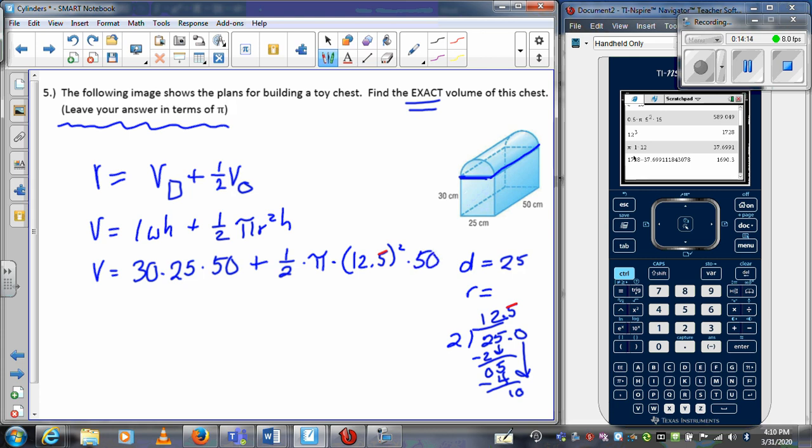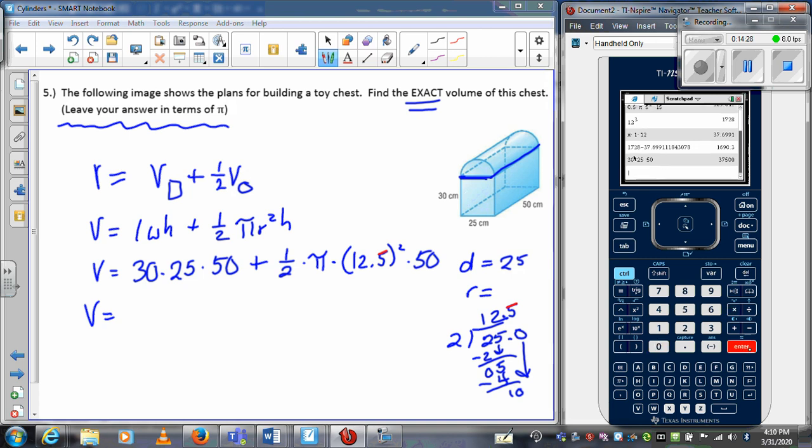That's 50. Okay, so volume is equal to, let me come over here, and I'm going to type 30 times 25 times 50, 37500.